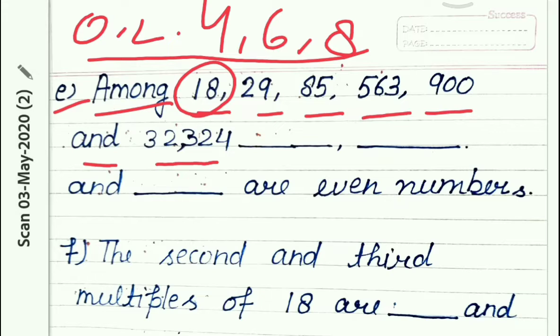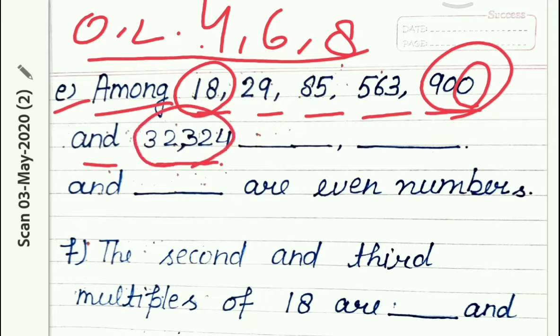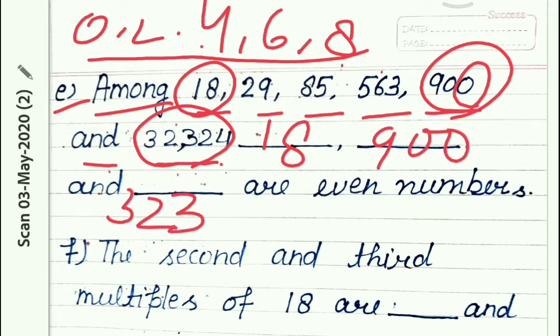And 900, the last digit is 0, which is divisible by 2, so it is an even number. Next, 32,324, the last ending digit is 4, so it is an even number, not odd. So the answers are 18, then 900, and the third answer 32,324. Clear?